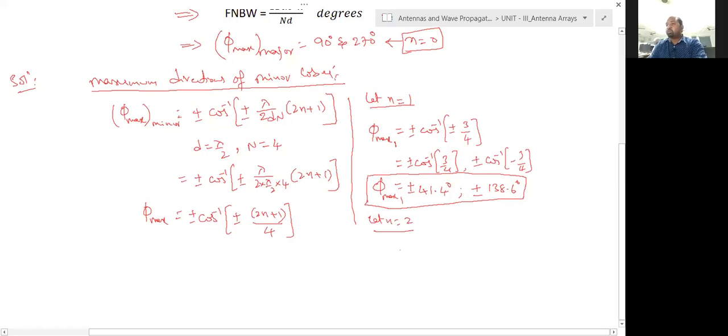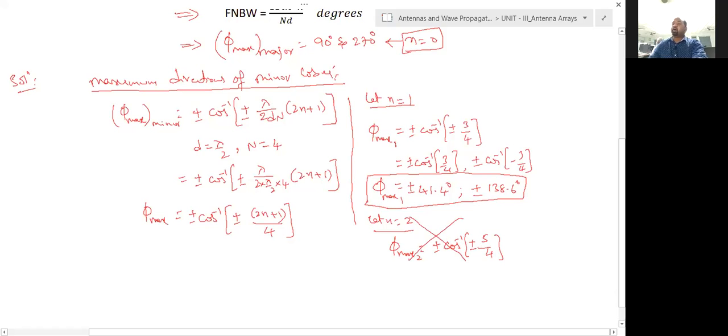So if we substitute this, what will we get? Phi max 2 is equal to plus or minus cos inverse of plus or minus 5 by 4. 5 by 4 is greater than 1, so it is undefined.